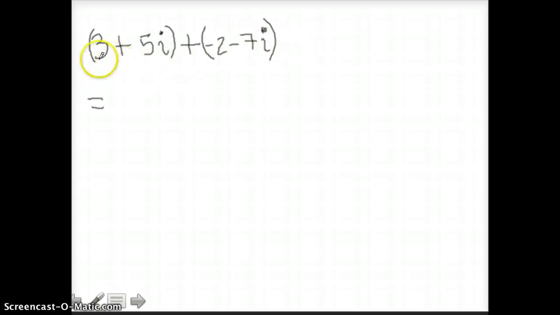And what we will do is very much what we do in algebra when we have similar terms. So here, anything that has an i is going to be considered a legal operation to add those up. So basically, we're going to be adding the imaginary parts. So 5i is the imaginary part of the first complex number, and 7i is the imaginary part of the second complex number.